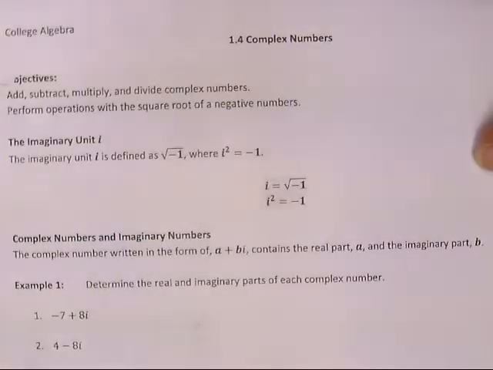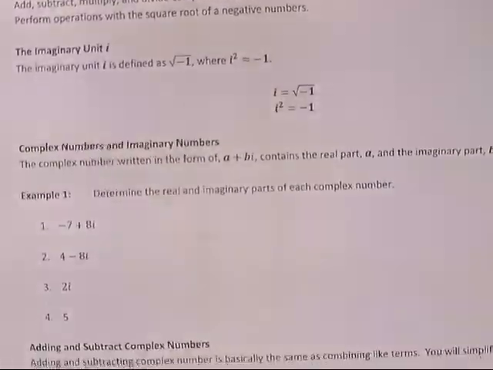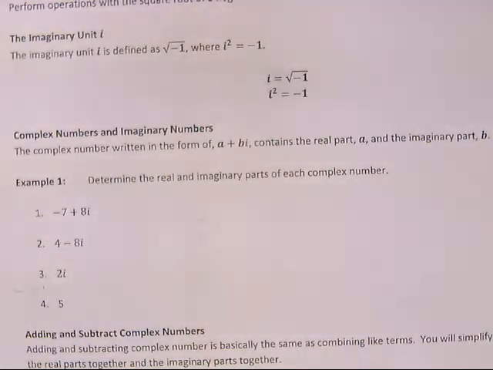So, in example number 1, you want to determine the real and imaginary parts of each complex number. So like in the first one, we got negative 7 plus 8i, and I want to know what the real and the imaginary parts are.